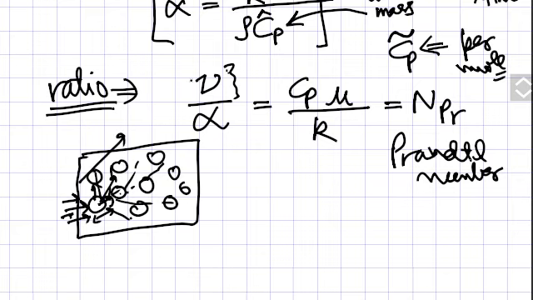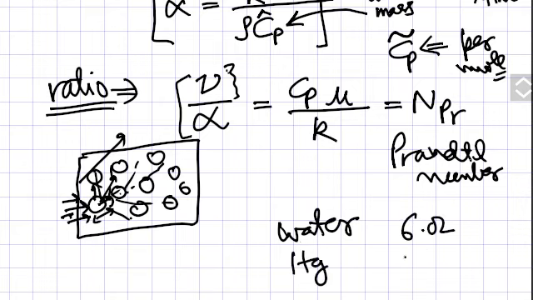This ratio is showing whether the heat will transport faster or the momentum will transport faster. So the Prandtl number is showing you this, and if you see some numerical values of the Prandtl number, you will find that for water it is approximately 6.02, and for mercury it is 0.01.